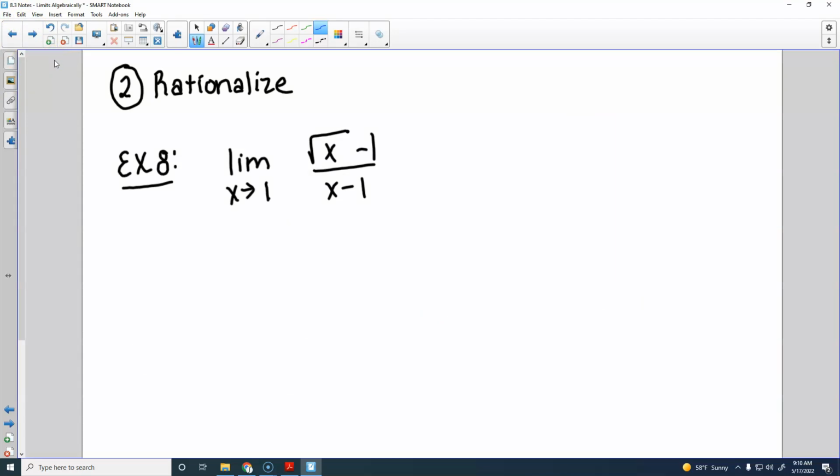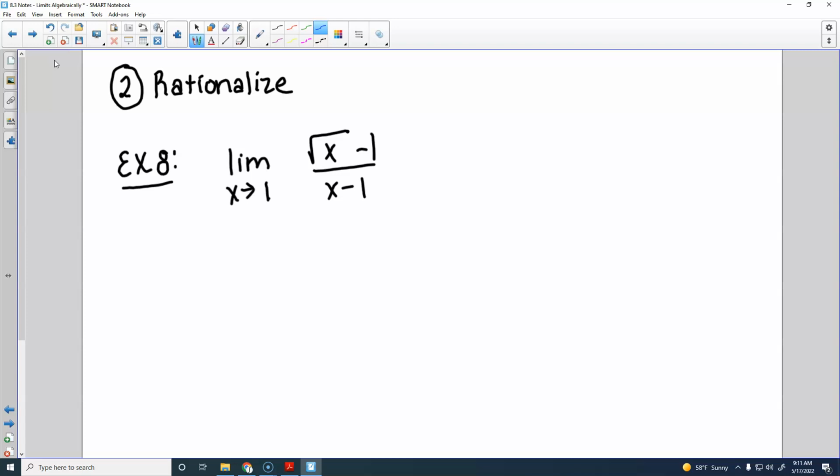Okay, so the second strategy that we're going to use is we're going to rationalize. So this goes back to when we were doing imaginary numbers and we were rationalizing. We didn't usually have an x with it.